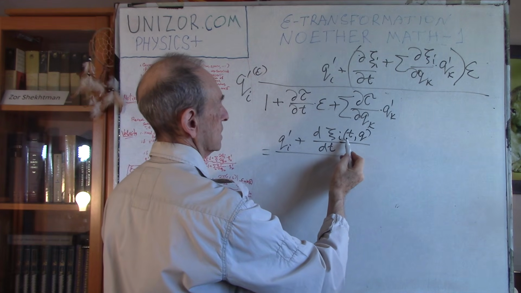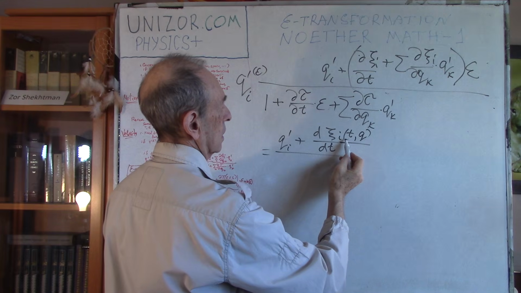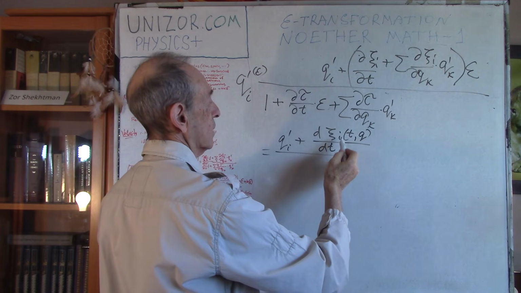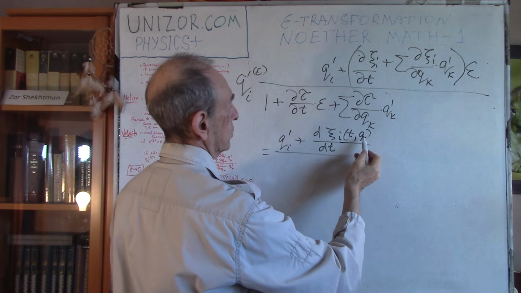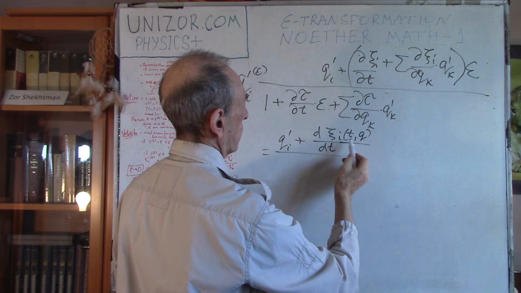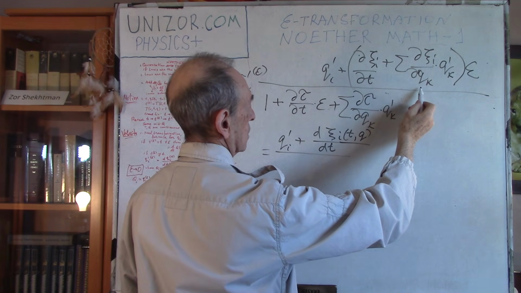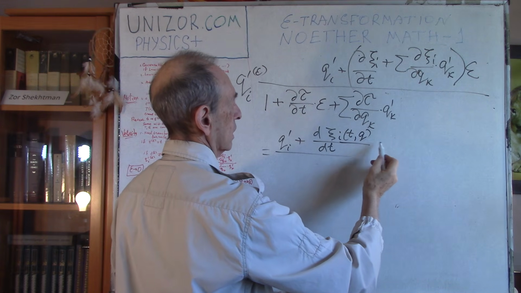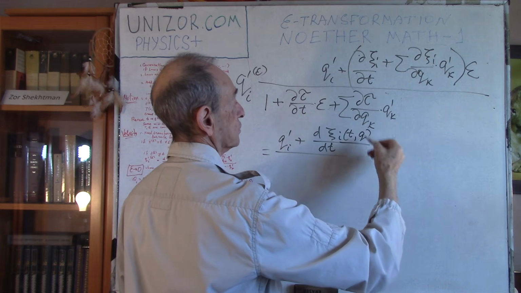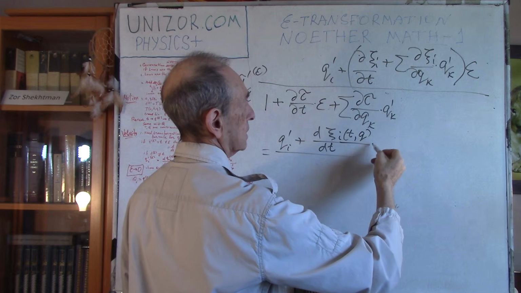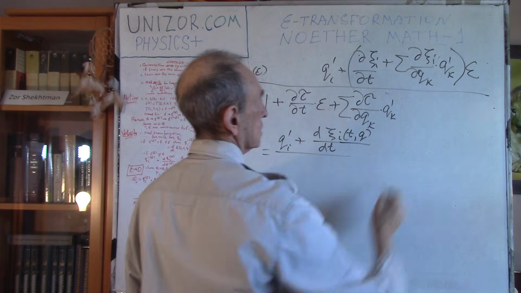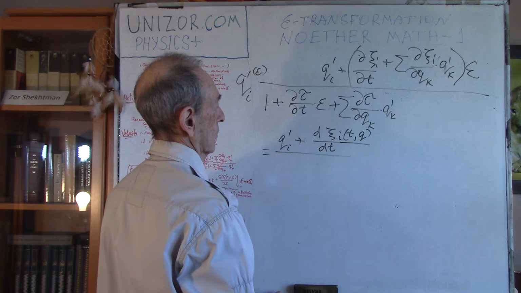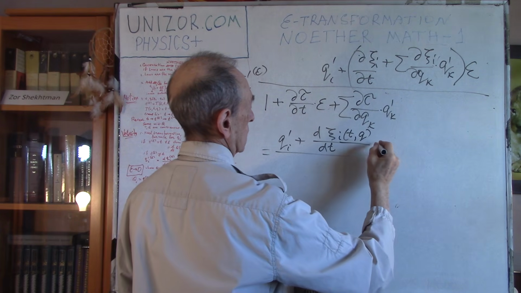Partial derivative by t times dt by dt, which is 1, plus sigma partial derivative by each qk, this is q1, q2, qn, times derivative of qk by time, which is this one, velocity, times epsilon.